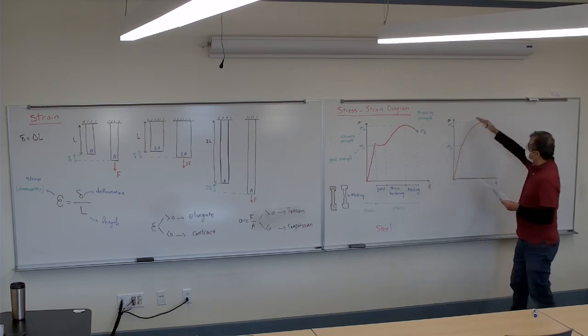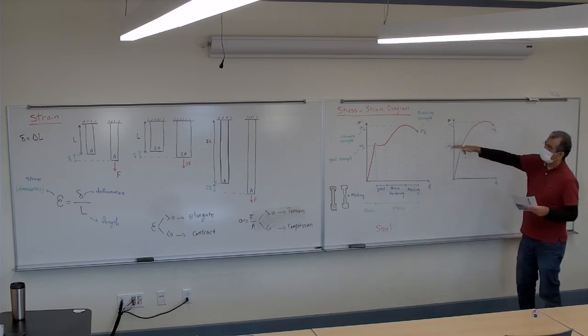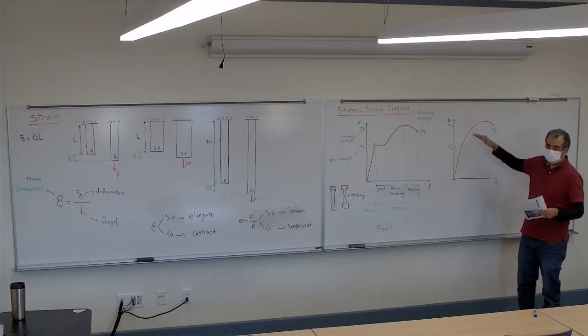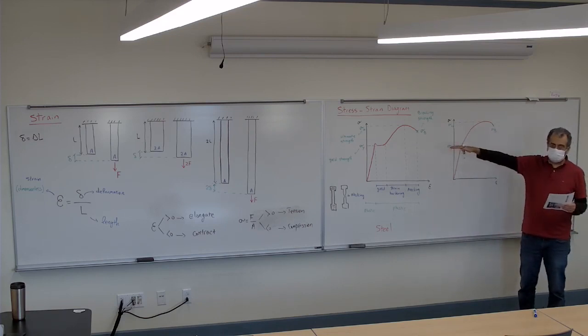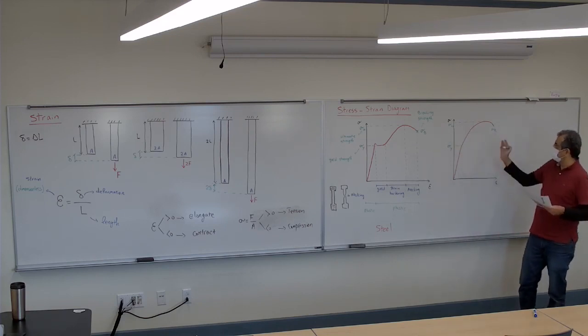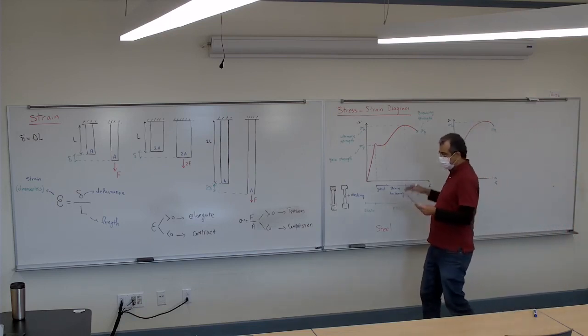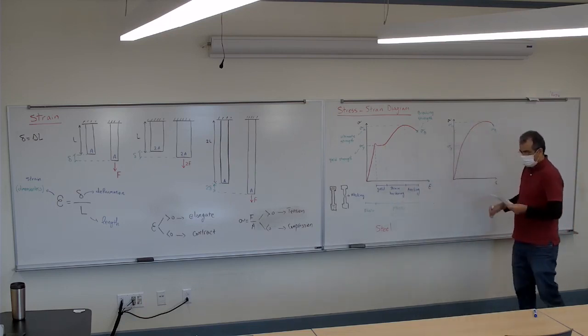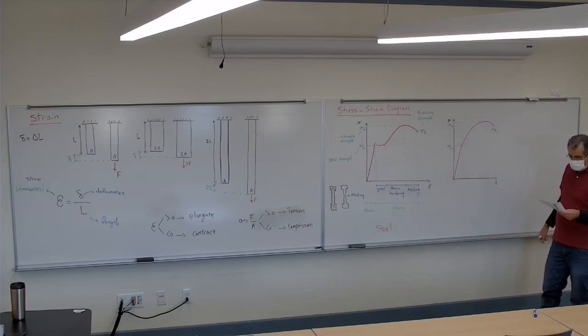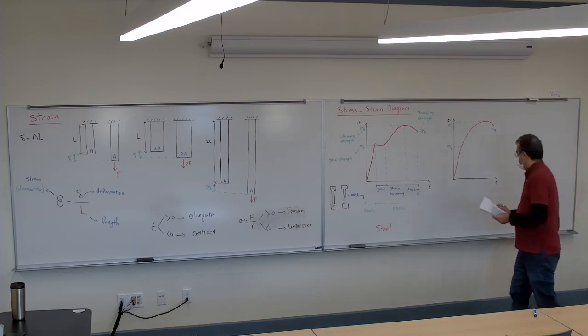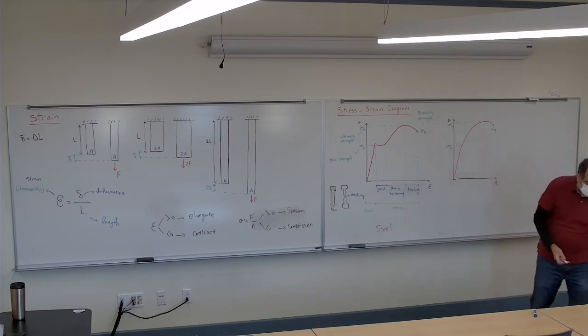By the way, these magnitudes are not on the same scale. These are going to be much less than this. I'm drawing the same scale, but for example, the yield is going to be small. So that's what happens if you have aluminum.